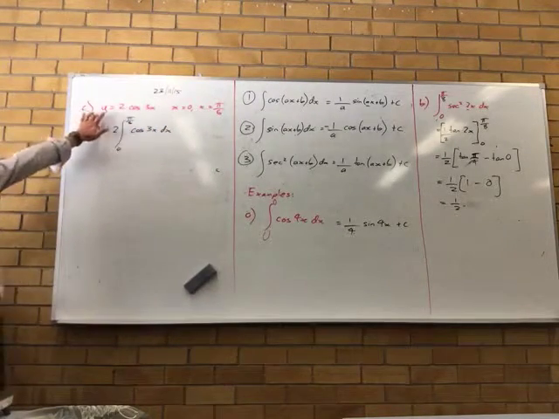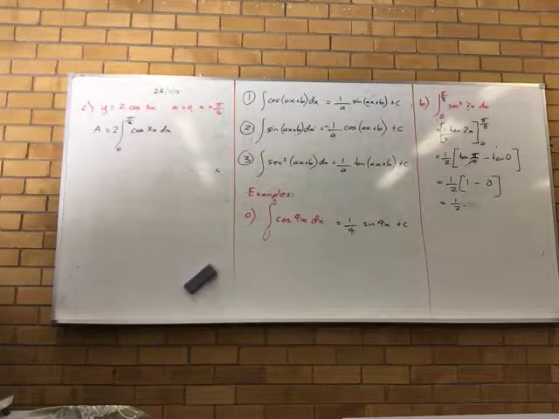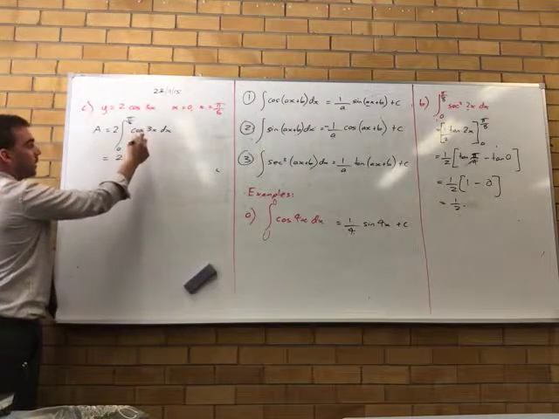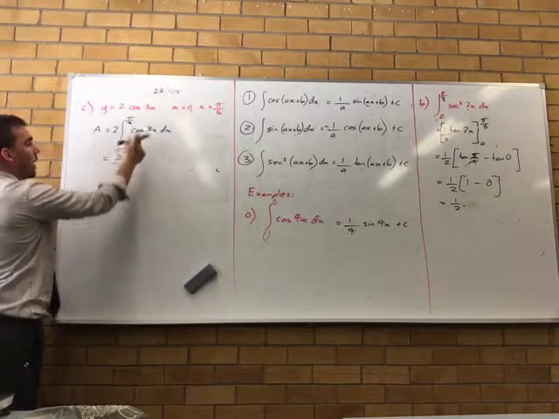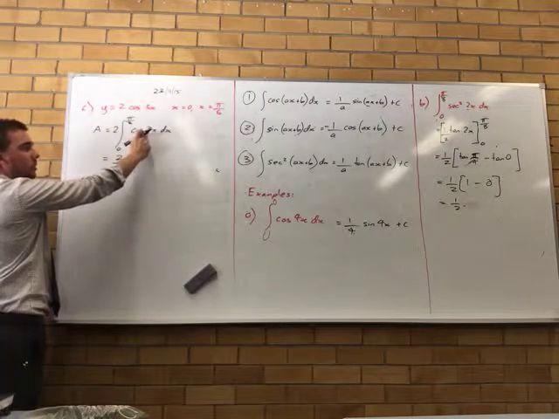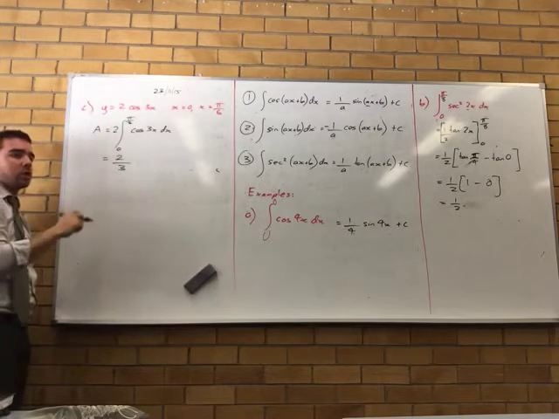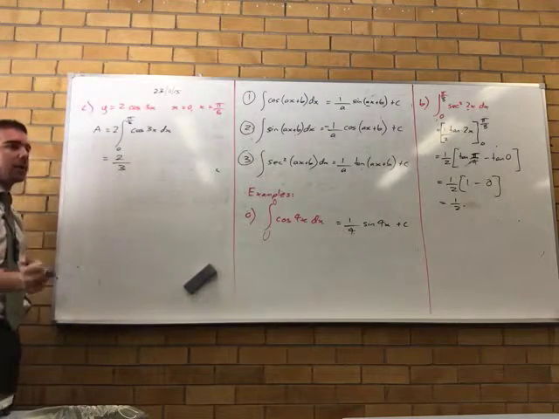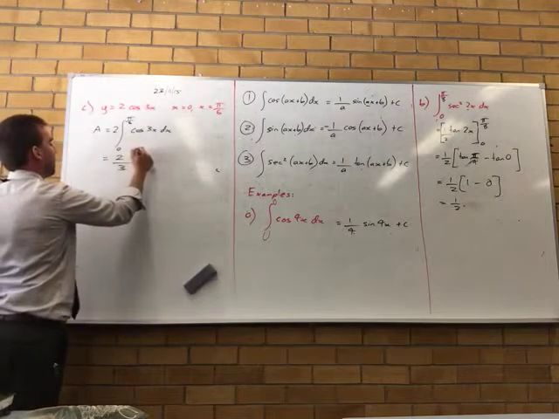Right, so I've already got my y equals, bounded by the x-axis. So we've got 2, integrate cos. Remember, when we differentiate sine, we get cos. So if we integrate cos, go back the other way, we're going to get sine.